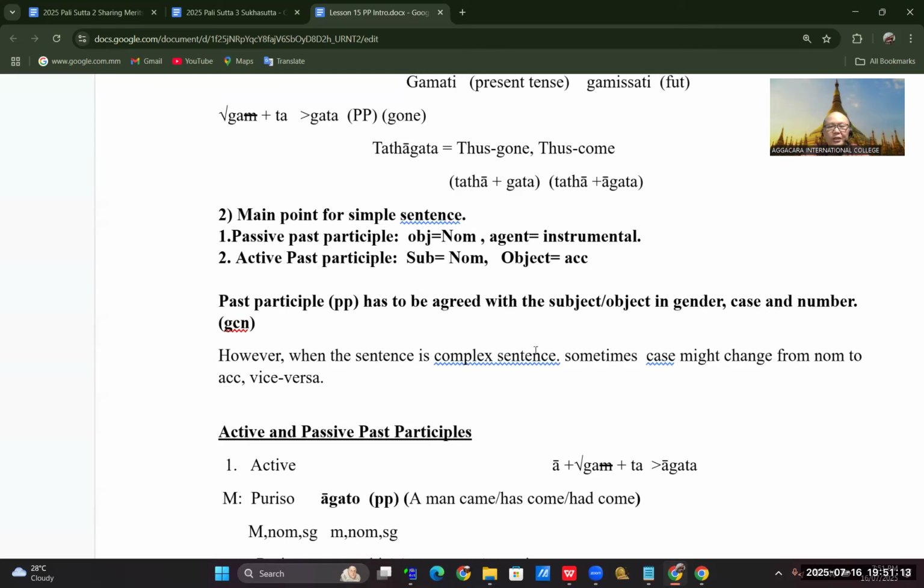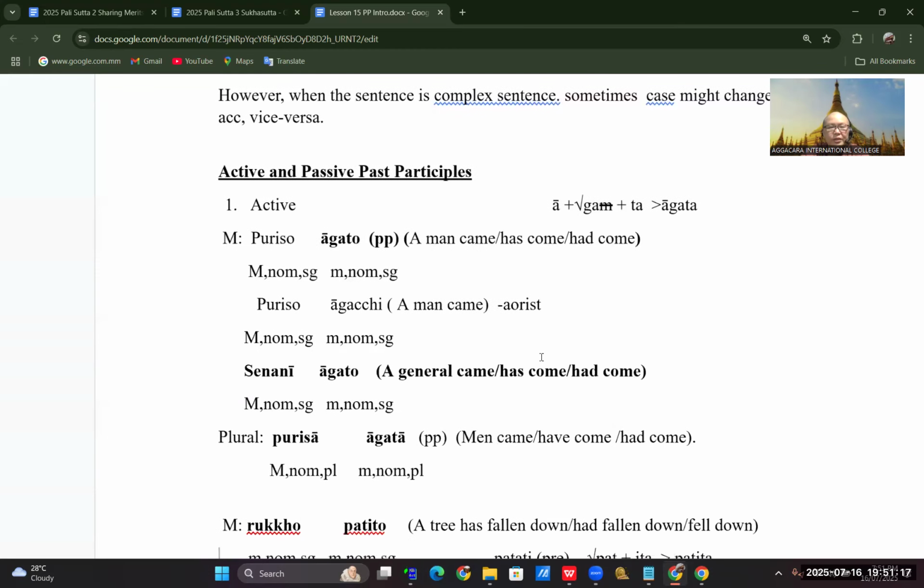All right, but when it's a complex sentence, it might change. Anyway, we look at one example first. Very simple one. A plus gam is to go, all right? And ta. Agamta, not agata. Agata means came, right? So we see this word before: came.